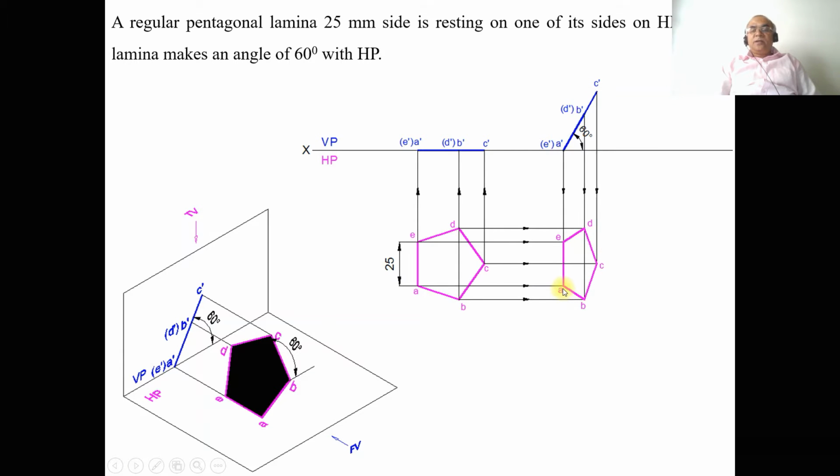Whereas A dash E dash is perpendicular to VP and parallel to HP. Since AE is parallel to HP, we are getting the true length here. So this is how we analyze the second position.